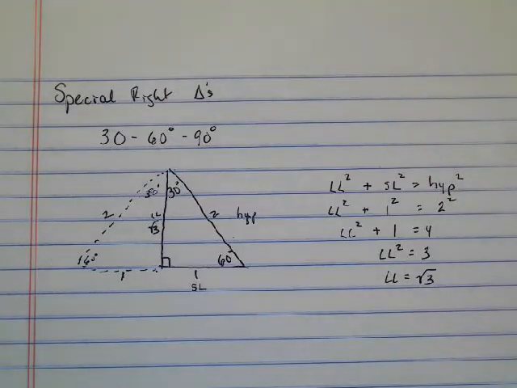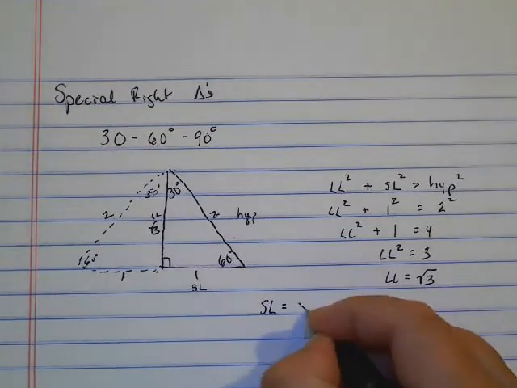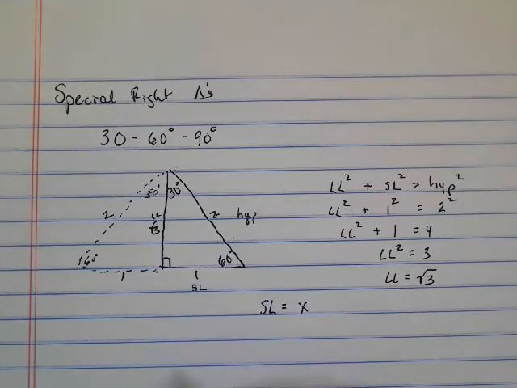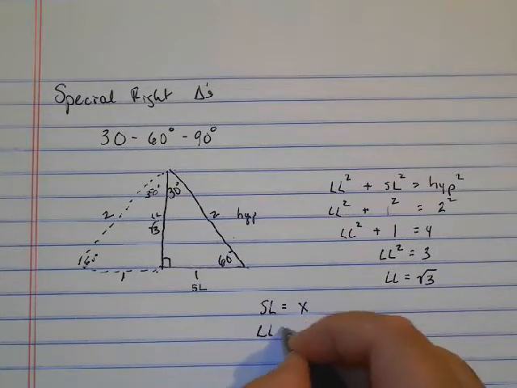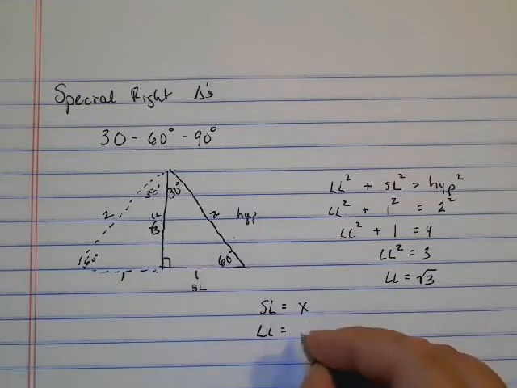So we can see the relationship in every 30, 60, 90 right triangle. If the short leg is x, then the long leg is going to be whatever the short leg is times the square root of 3.